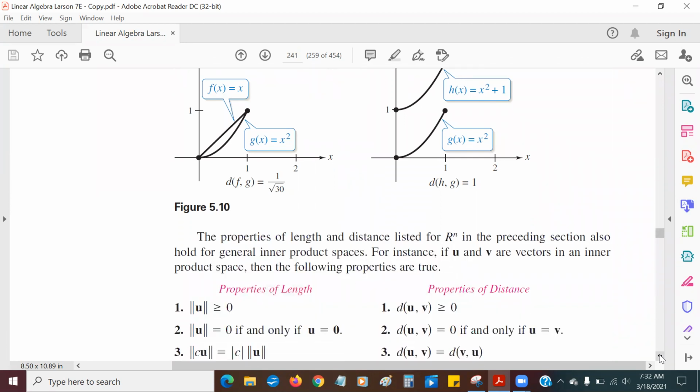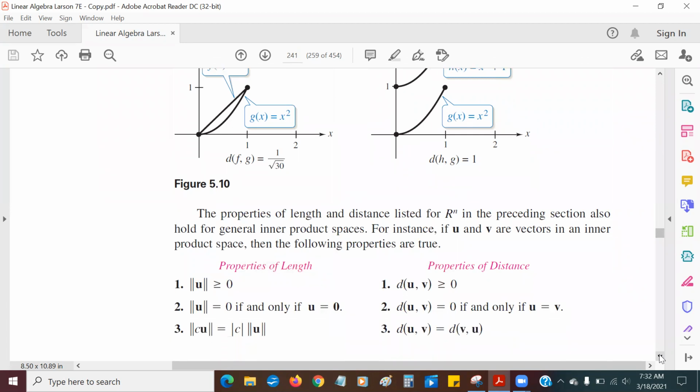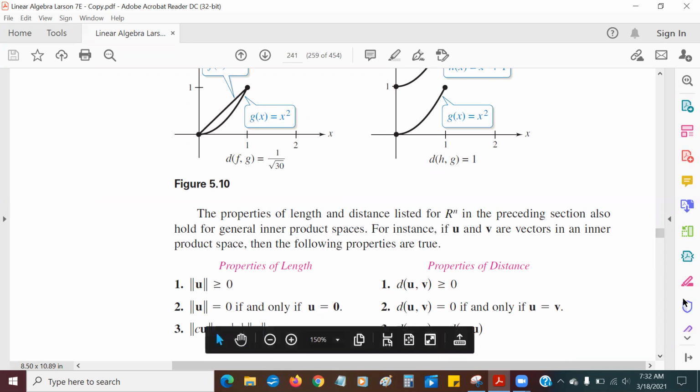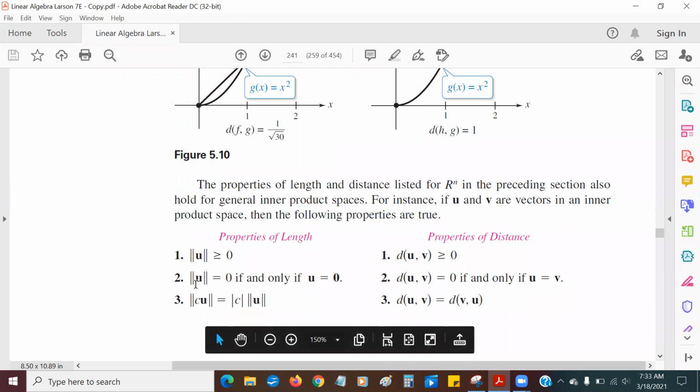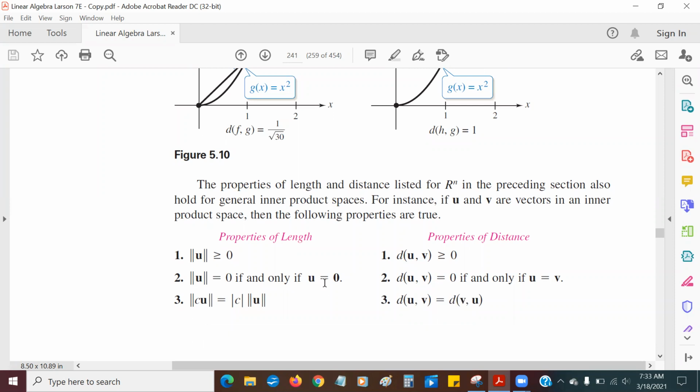One last thing for this video: the properties of length and distance listed for Rn in the preceding section also hold for general inner product spaces. For example, if u and v are vectors in an inner product space, then the following is all true. The length is always greater than or equal to 0. The length of a vector equals 0 if and only if the vector itself is the zero vector.